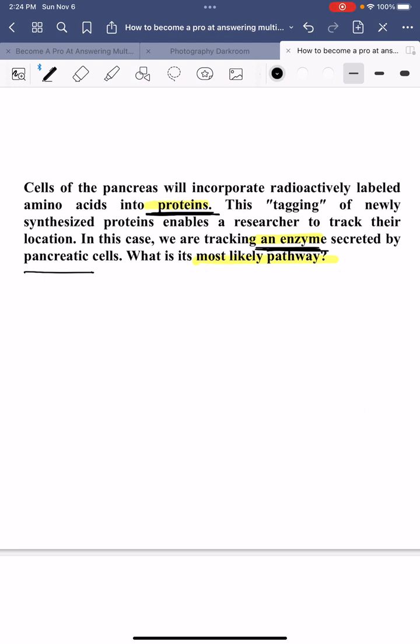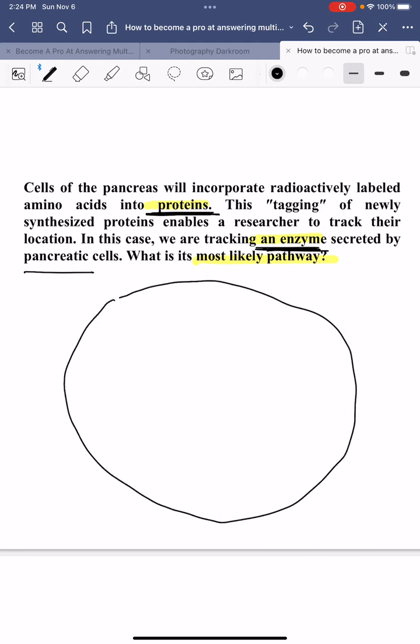In a cell, you're going to have an endomembrane pathway. So let's draw a cell. This could be a pancreatic cell. Typically, you have your nucleus in there with your nucleolus. And then in that cell, you're going to have some rough endoplasmic reticulum associated with the nucleus.